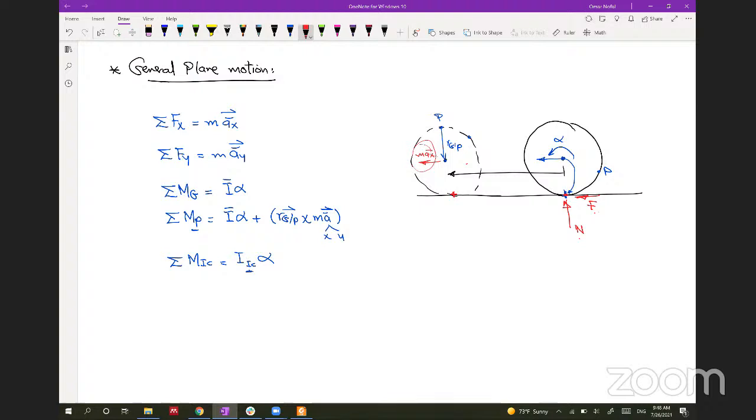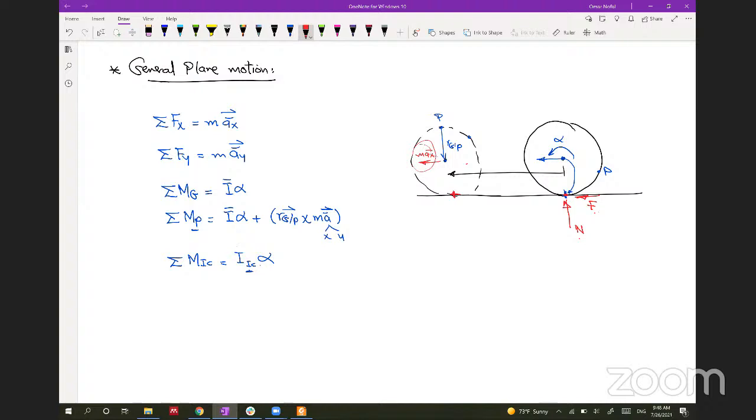And if you are taking the moment about the instantaneous center of zero velocity, which is a special case, you can get the mass moment of inertia about the instantaneous center of zero velocity and multiply it by the alpha of the body. As we know, this is the instantaneous center of zero velocity.